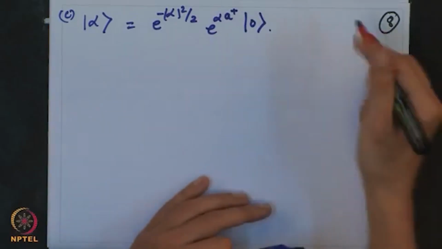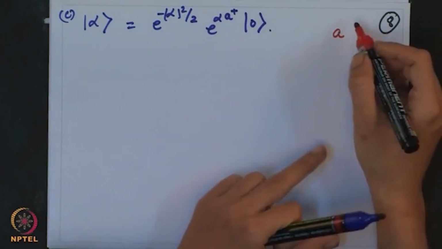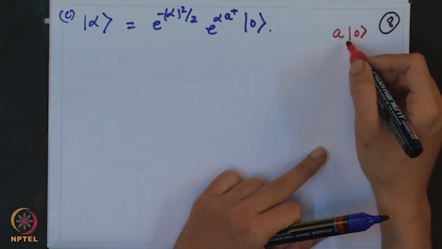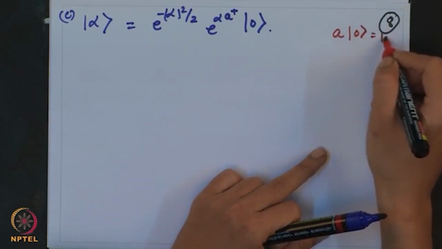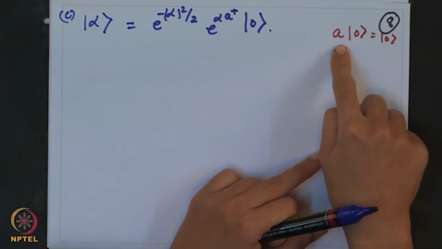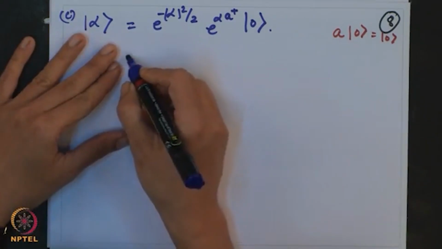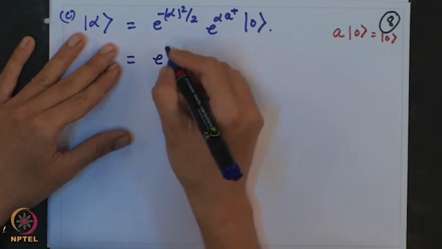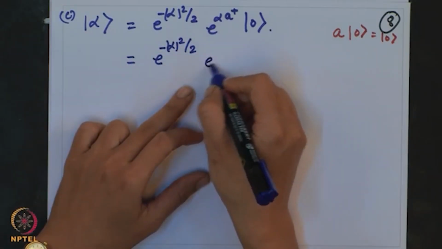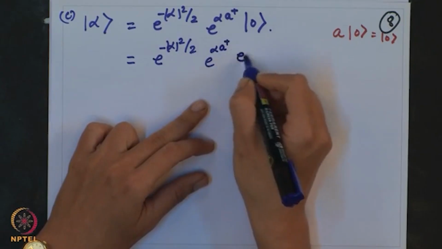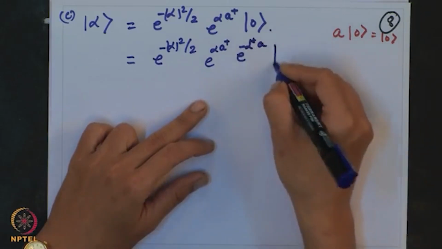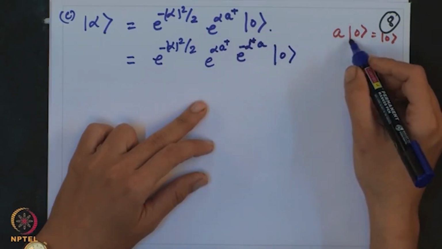And remember, we know that when you operate the annihilation operator on the state 0, you will obtain 0. Okay. It will not go further. This is the end of the ladder. So, I can write this again as e raised to alpha square by 2 times e raised to alpha A dagger, and I can multiply by e raised to minus alpha star A. I can just multiply by some coefficient, it will not matter. We have used this. Okay.